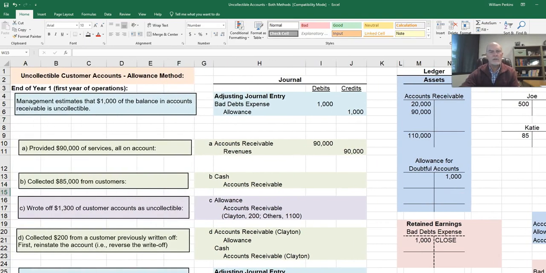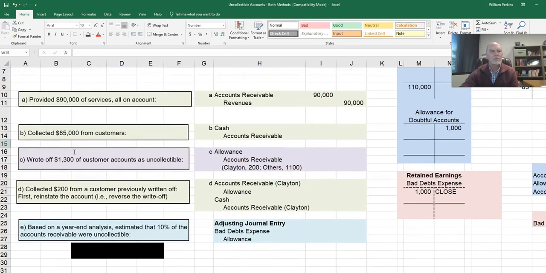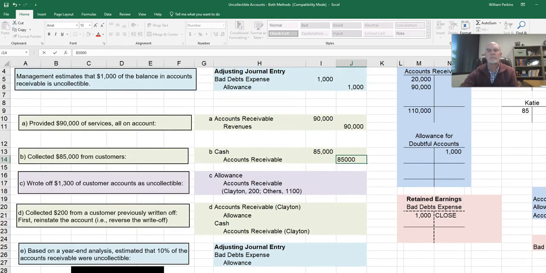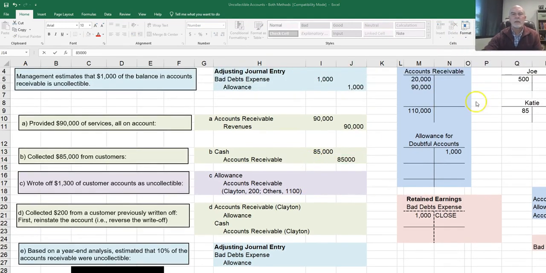Okay, in the next transaction, we collected $85,000 from customers. So that would be a debit, $85,000, to cash, and a credit to accounts receivable. So the debit goes to the cash account, and the credit would go to accounts receivable.